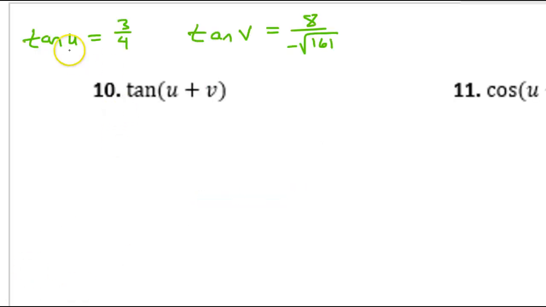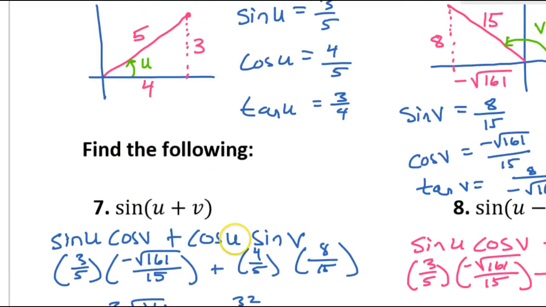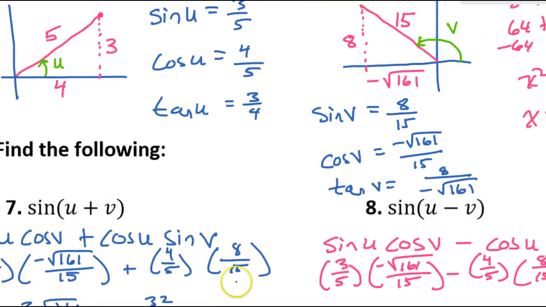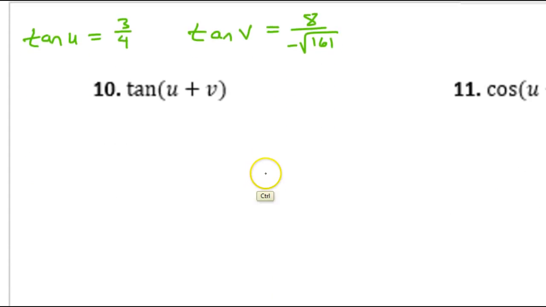For problem number 10, I went ahead and copied down these two values from our picture up above. We decided that tangent of u was 3/4 and tangent of v was 8 over negative radical 161. I just didn't want to keep scrolling up over and over again, so I recopied them right here.